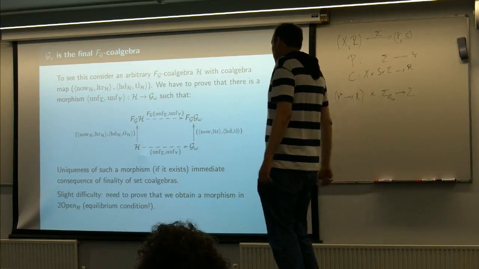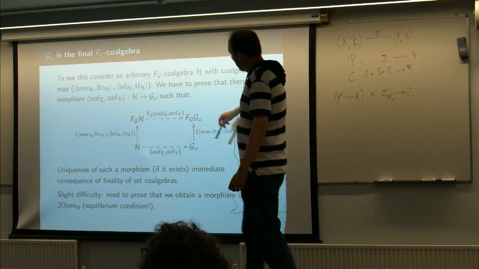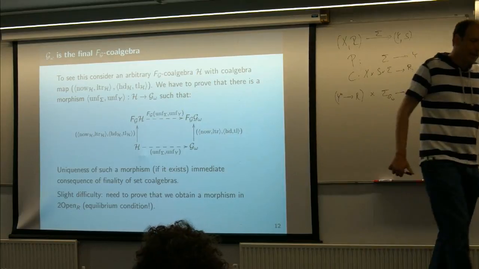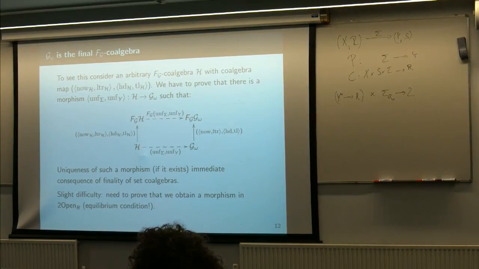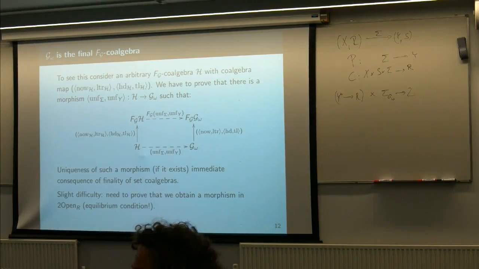The only slight difficulty is that we have to prove that this thing here is in fact a morphism in this category of open games. But I'm going to spare you the details, to be honest, and especially myself. The details are all in the paper, and I'm happy to discuss them, but it doesn't really help much to go through this now.